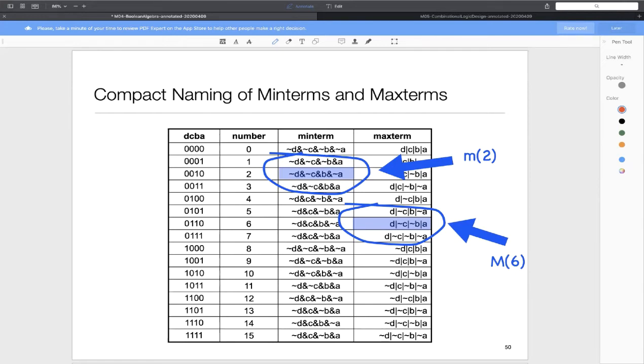Yeah, because minterm we define as AND, and max term we define as OR. And if I give you a minterm, let's say not D and not C and B and not A, then wherever the variable is in a negative form, you put a 0. Wherever the variable is in the positive form, you put a 1. So not D and not C and B and not A will be 0, 0, 1, 0, and you put that minterm in that row.